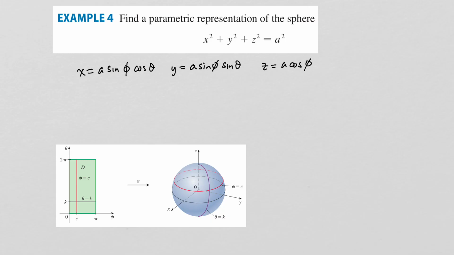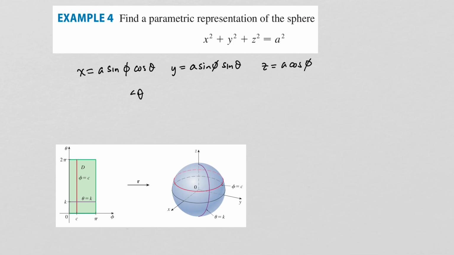Now how do we get the sphere? Well, remember, theta is the angle that goes in this direction. So to get the entire sphere, we have to make a full revolution here. So theta has to be between 0 and 2 pi. But phi is the angle from the positive z-axis, and that only needs to go from the top of the z-axis down to the bottom. Because once we do that and we rotate all the way around, we get the entire sphere.